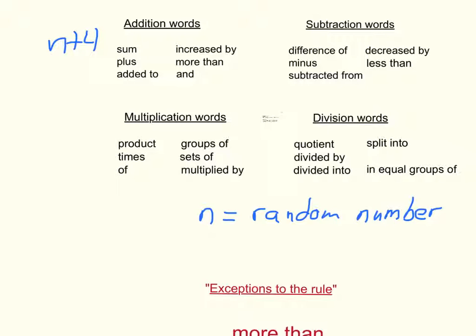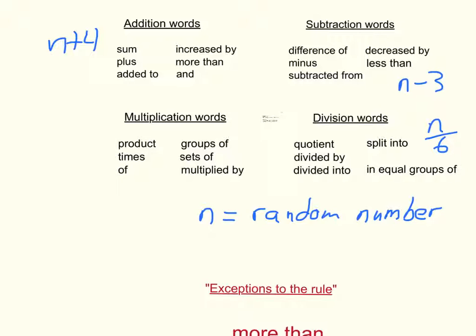If I wanted to do my random number minus 3, I could put n minus 3. If I wanted to do my random number divided by 6, I'd put n divided by 6, and notice we use a fraction bar right there for divide.